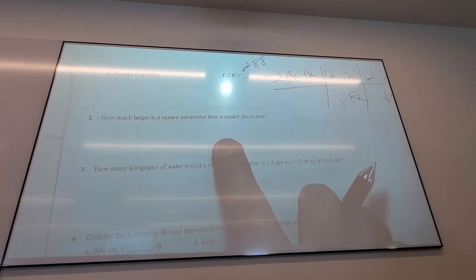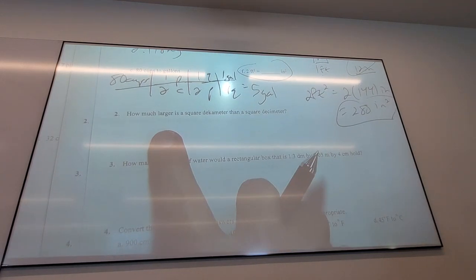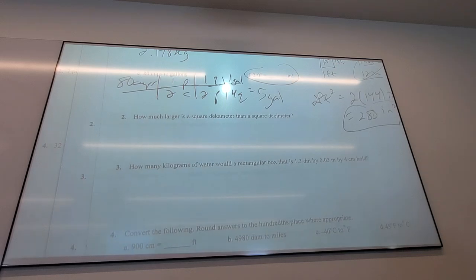Alright, this problem. I should say how many times larger. That would probably make this a little bit easier. How many times larger? So I was trying to tell some groups, if I had a 30 square inch square, and I had a 10 square inch square, this one's 3 times as big. That's easy because the units are the same. So this is hard because the units are not the same.